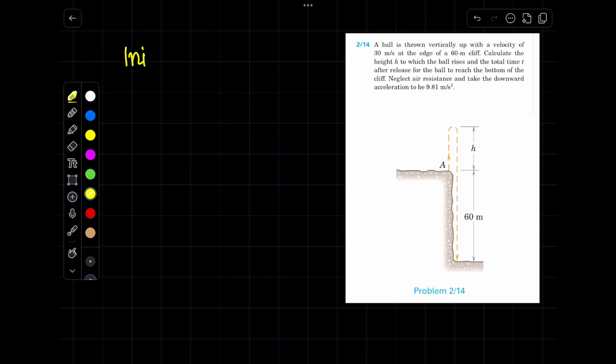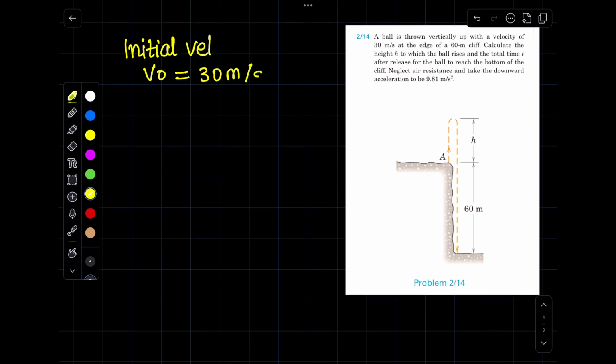In this problem, a ball is thrown vertically up with a velocity of 30 meters per second from the position A. You can see here that the position A is 60 meters up from the ground. So I will write here the initial velocity is 30 meters per second.